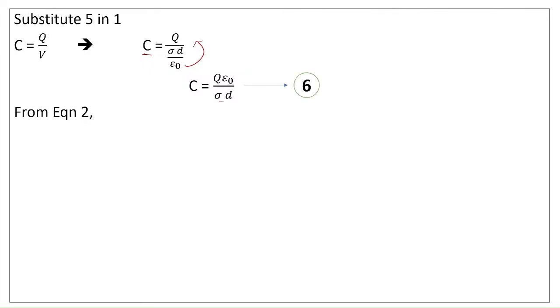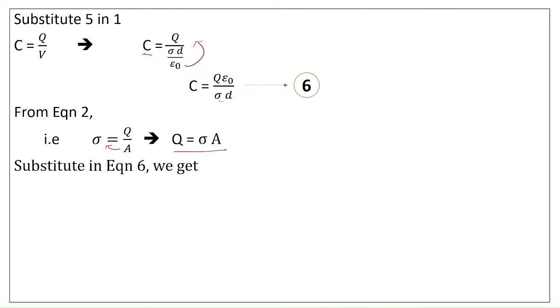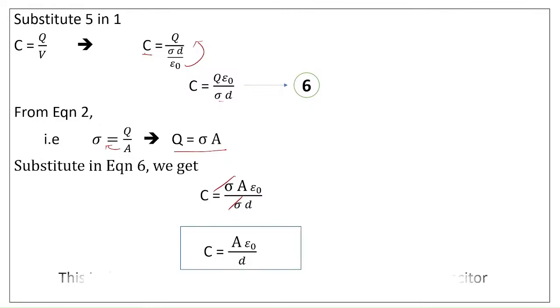Mark as equation 6. From equation 2, that is, sigma is equal to Q by A, on equating, Q is equal to sigma A. Substitute this in equation 6. C is equal to sigma A epsilon naught by sigma d. On cancelling sigma, we get C is equal to A epsilon naught by d.